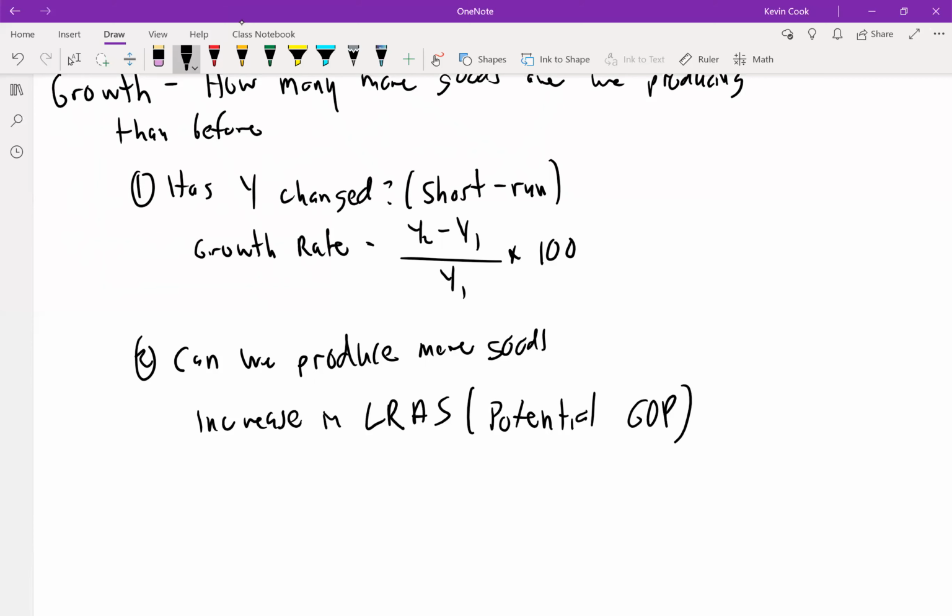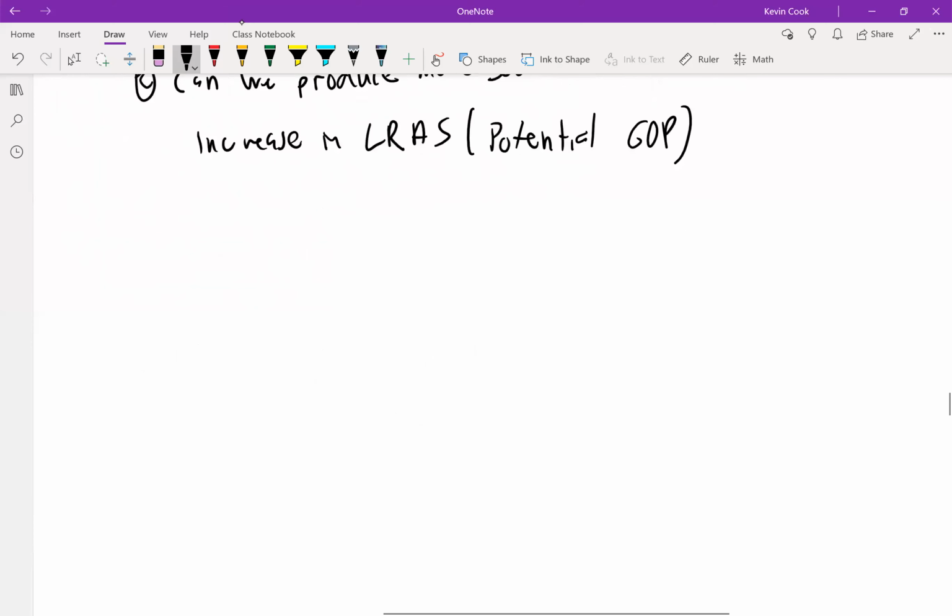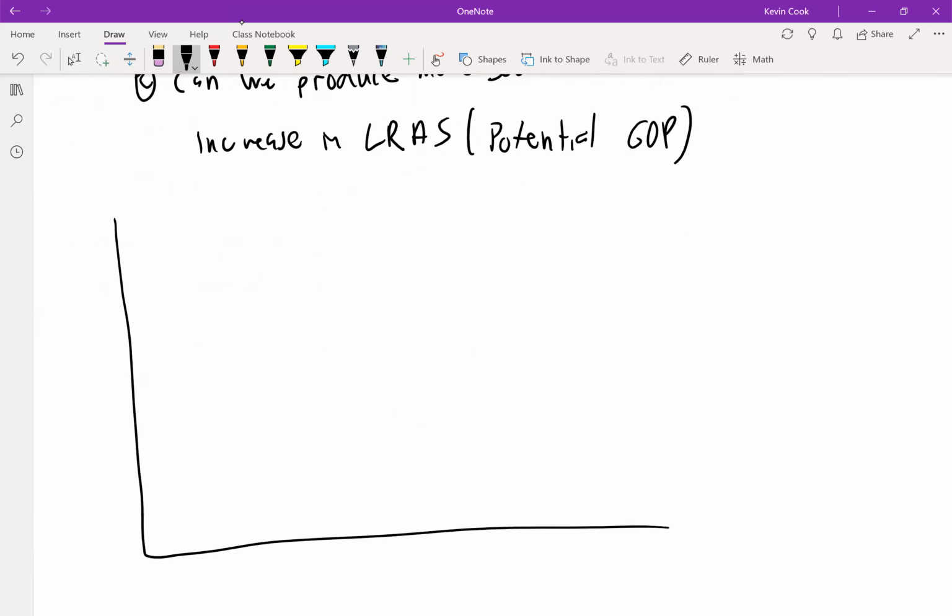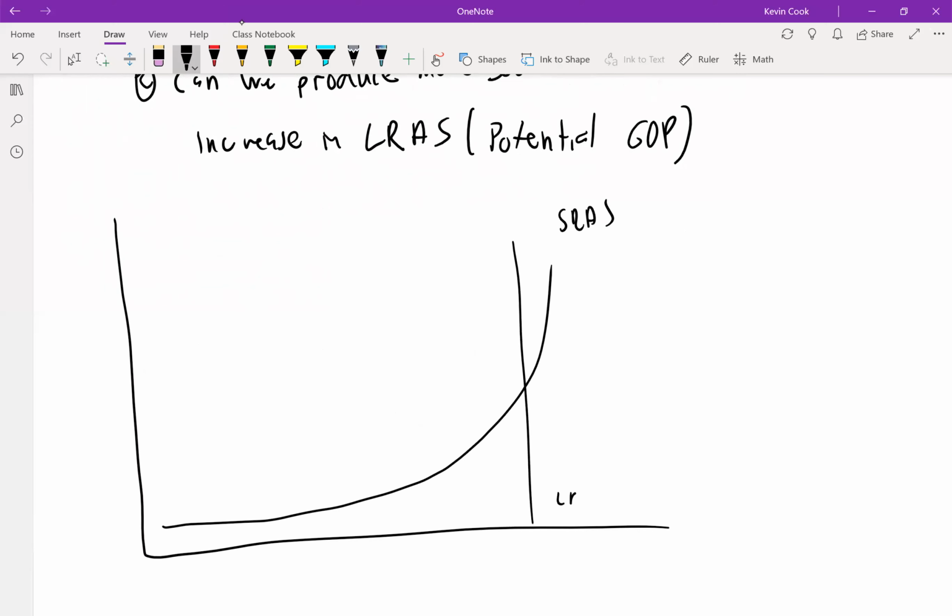So the big trade-off that we're going to see here, and I'm just going to draw a new graph so it's clean. So we have our short run aggregate supply that looks something like this, a long run aggregate supply somewhere down here, and aggregate demand. And I'm going to draw two sets of aggregate demand curves. I'm going to do one down here, which I'll call AD1 and AD2. If you like those longer, they can be longer. Then I'll do one up here, say AD4 and AD3.